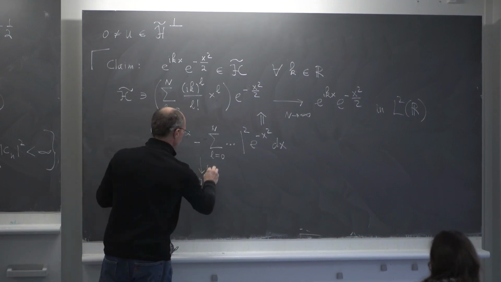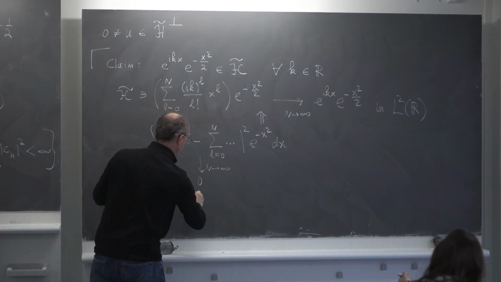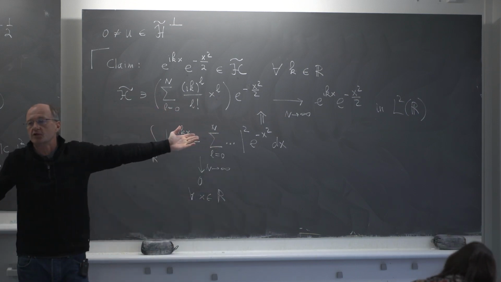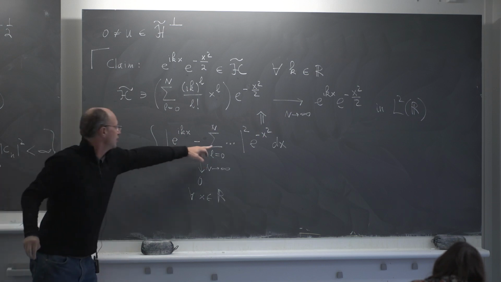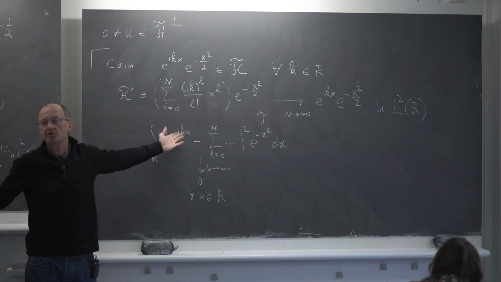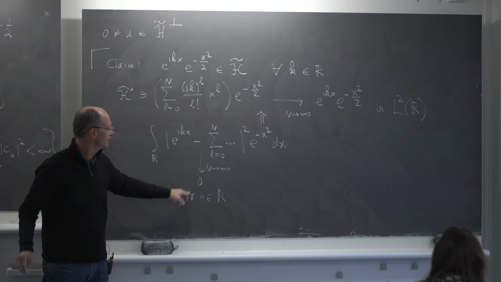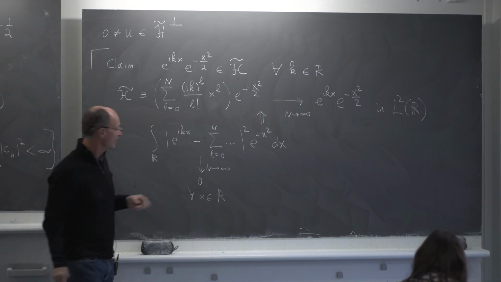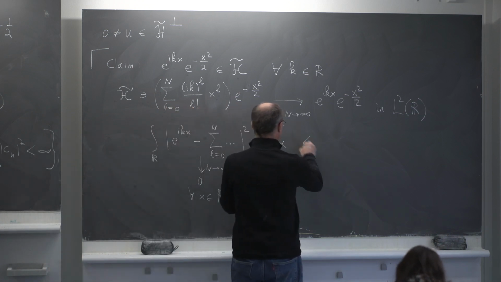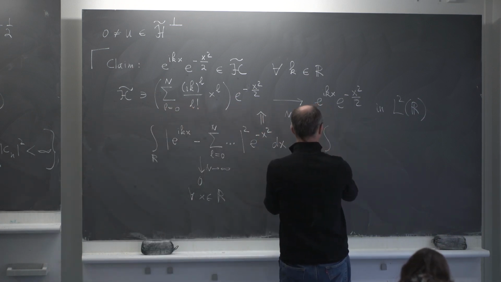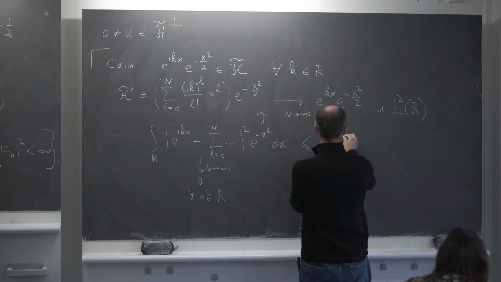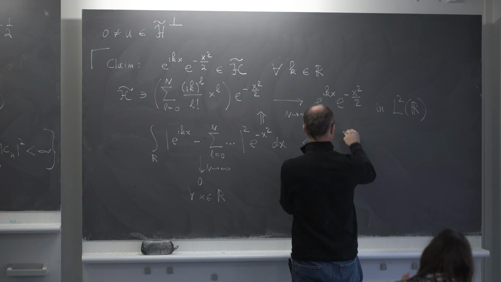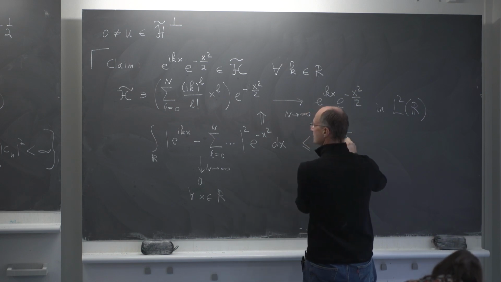So this converges to 0 pointwise. The exponential series, of course, converges to the value of the exponential everywhere. So it converges to 0 for all points x. And this integral is dominated by the following expression.